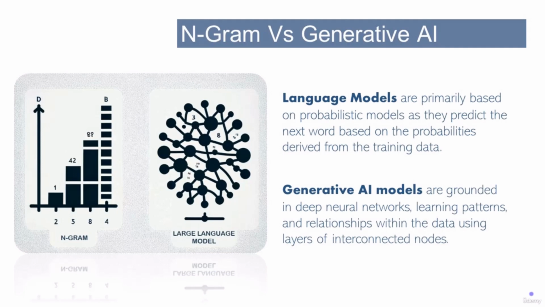Generative AI works in a similar fashion to traditional language models. However, it is architected and implemented using deep neural networks. These models learn patterns and relationships within the data through layers of interconnected nodes called neurons, and can handle much more complex patterns and longer text sequences than traditional probabilistic models.